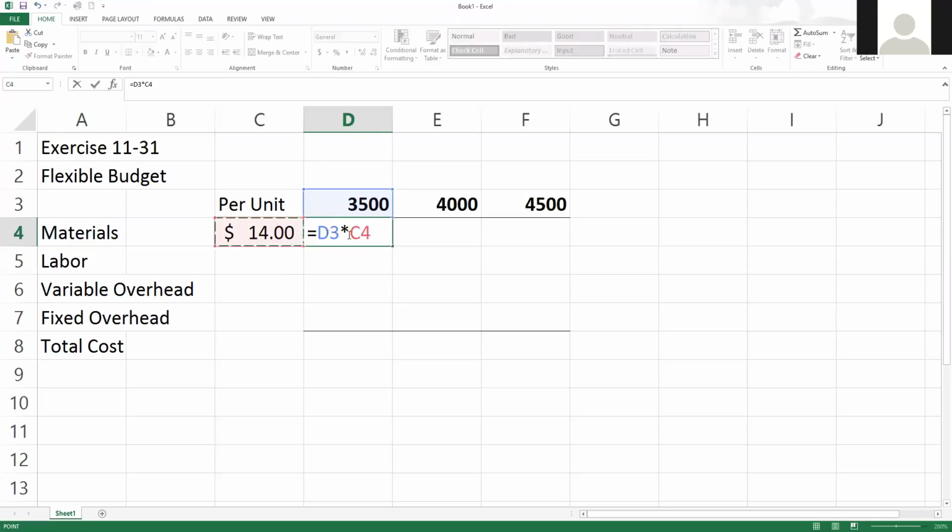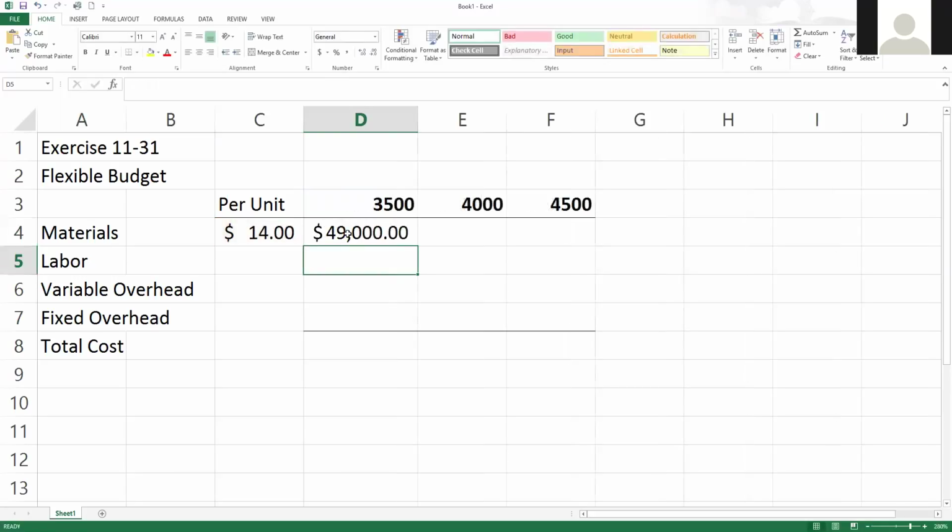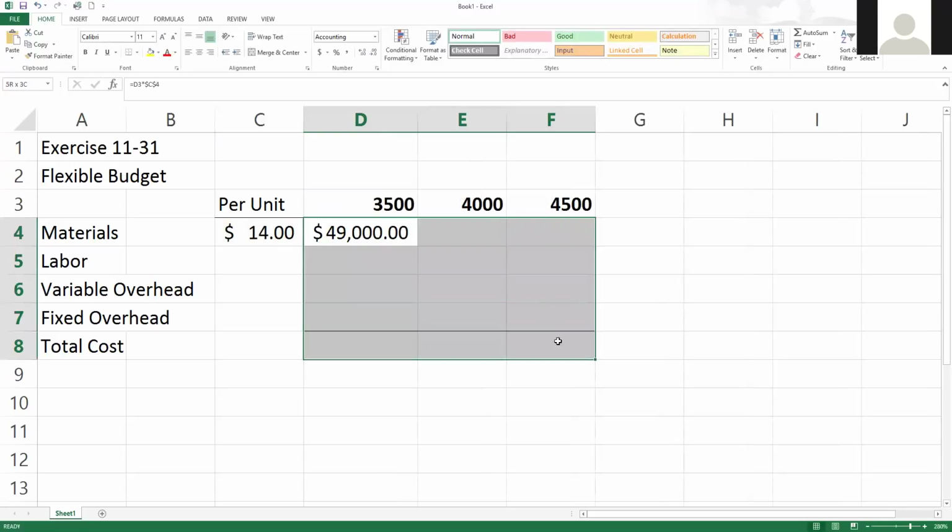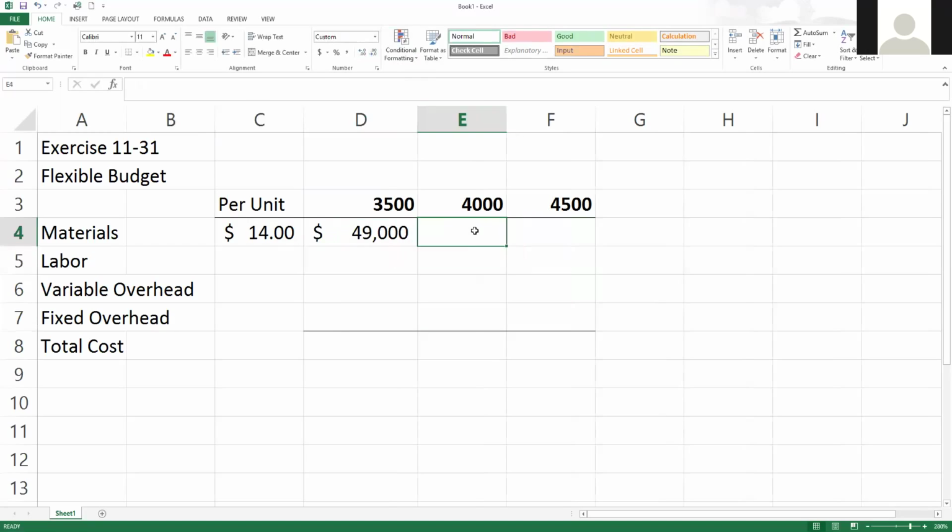So 3,500 times 14. And I want to replicate that formula to the other two cells. So I want to have Excel always coming back to this $14 amount. So it'll cost $49,000. Take away the pennies on the end here.